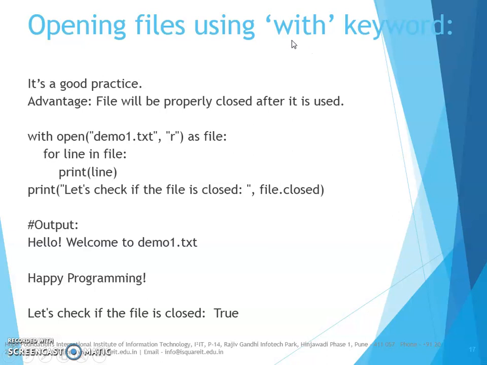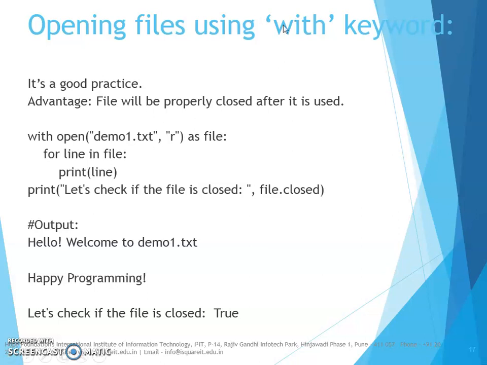Now we can open this file by using the with keyword. It's a good practice to open our file by using this with keyword. So what is the advantage of using the with keyword? The file will be properly closed after it is used. In previous cases we have studied that manually it was necessary to close the file by using the close method.